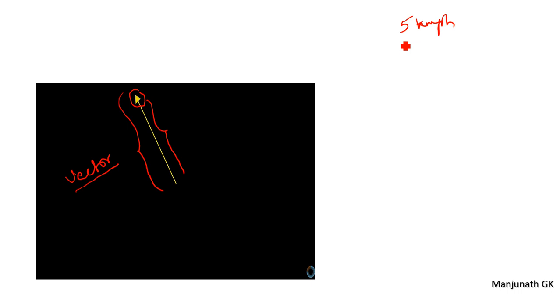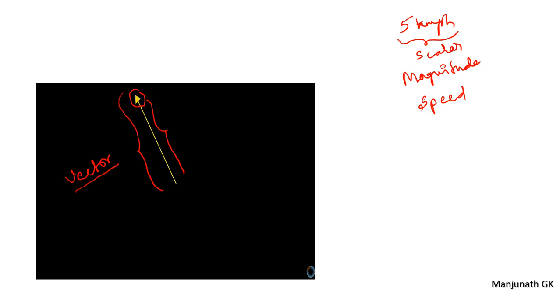If that is the only statement, then it is a scalar here, and we can call it a magnitude. 5 kmph is a scalar, it has only magnitude, it is an example of speed.